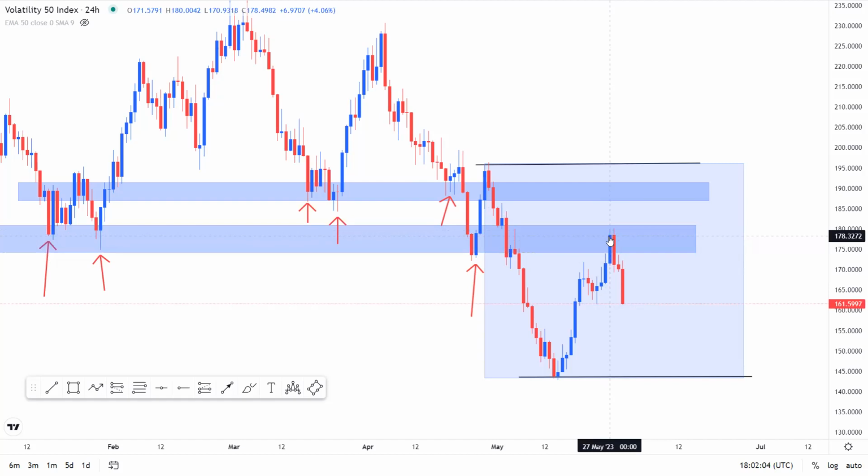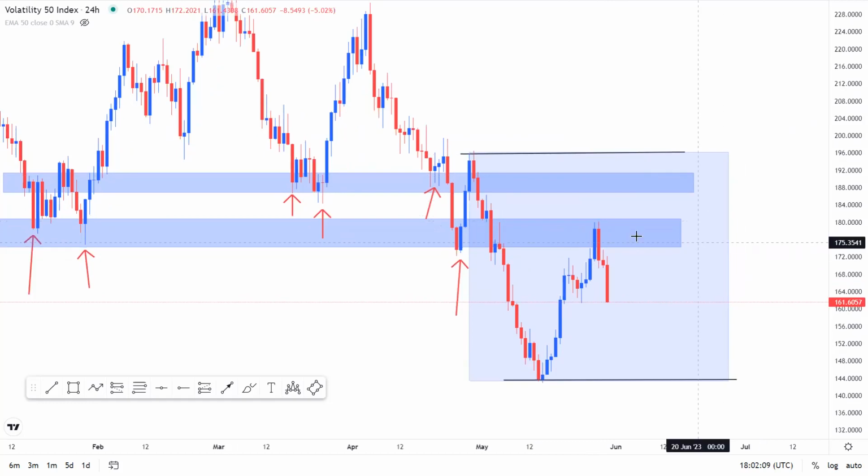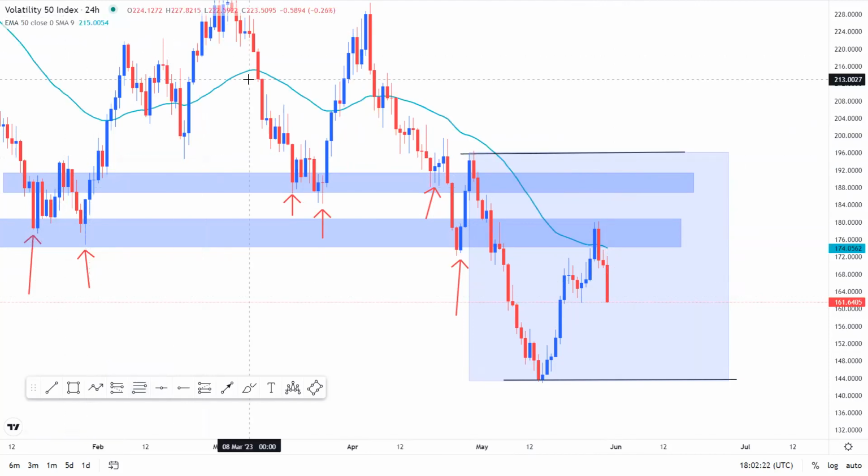Also, there's something I like to do just to be very certain of the strength of my areas of interest. I like to stack up the confluences at the level.